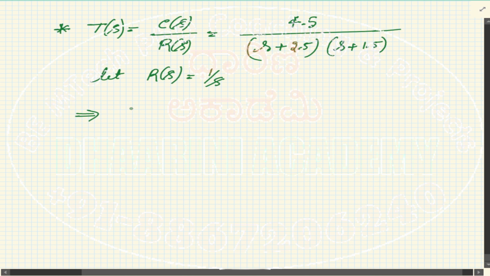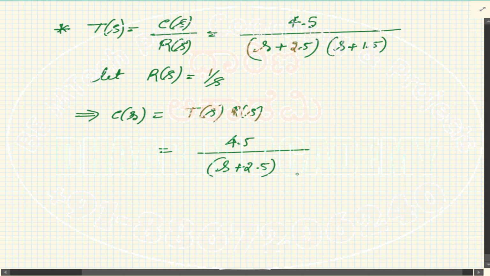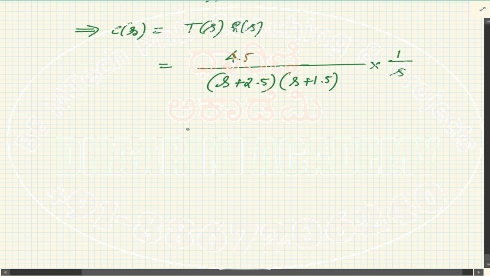Now let us calculate the output. The output C of S is equal to the transfer function T of S into R of S, that is 4.5 divided by S plus 2.5 into S plus 1.5, multiplied by R of S, which is 1 by S. Now we want to go to C of t, so this has to be solved by applying partial fractions.